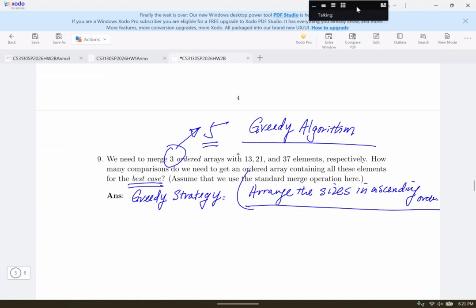We only need to define our strategy for each step: at every merge step, how to apply the greedy strategy.